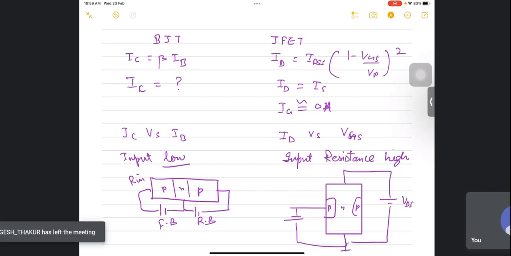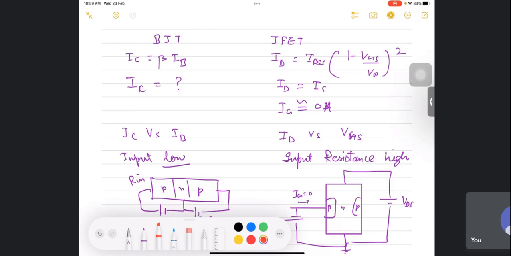So what should be the input resistance? Because this is 0, so input कितनी होनी चाहिए? बहुत high input impedance, isn't it? Because ये reverse bias है ना, reverse bias.